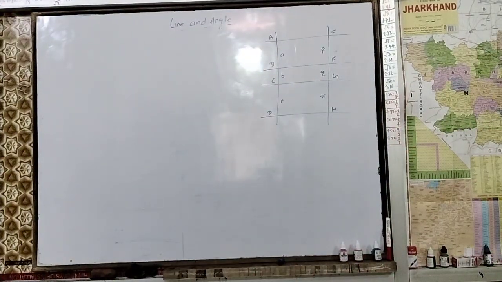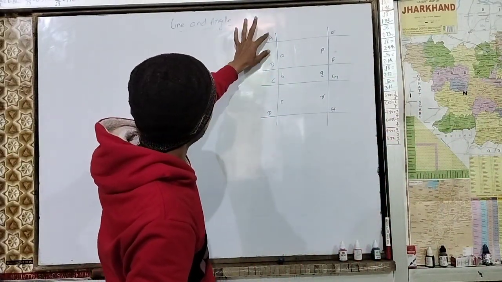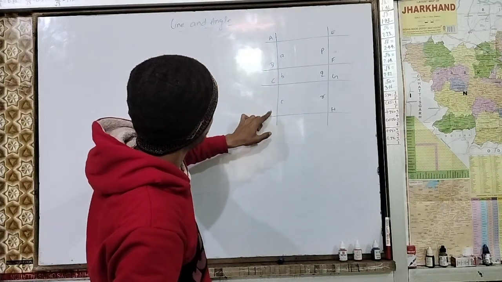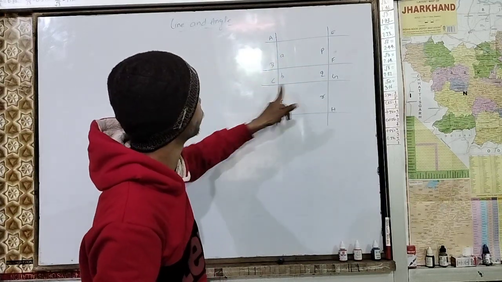In terms of ratio, here AD, this is one line, 1, 2, 3, 4, 5, 6.